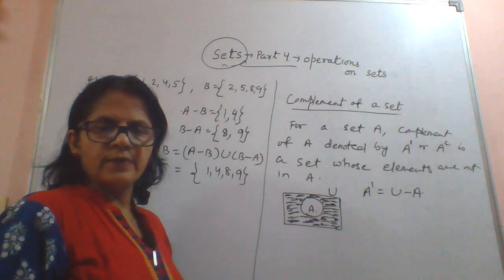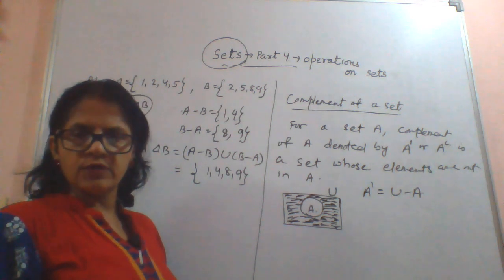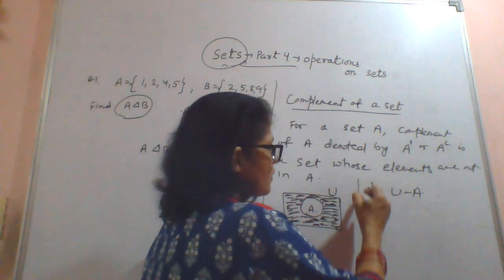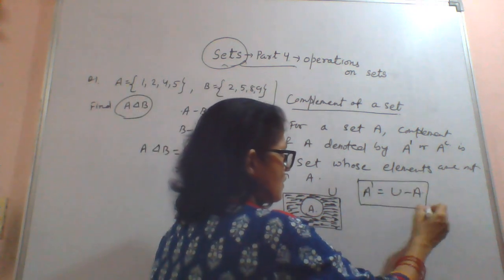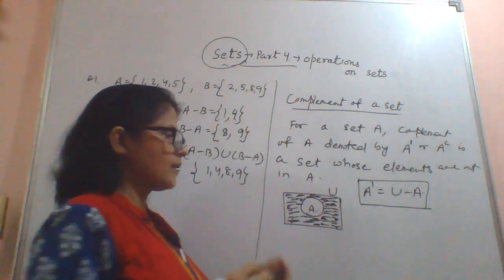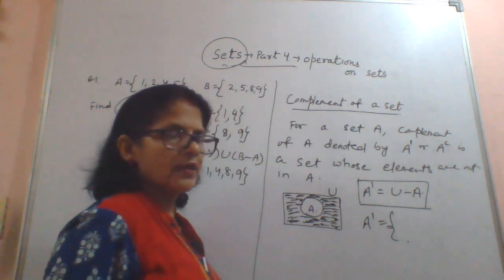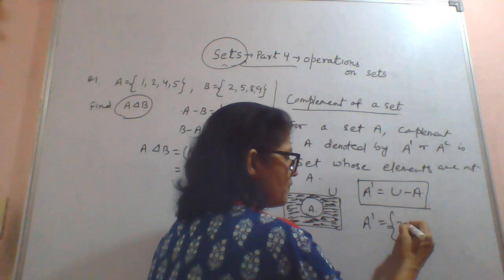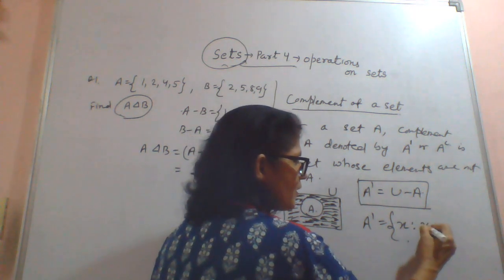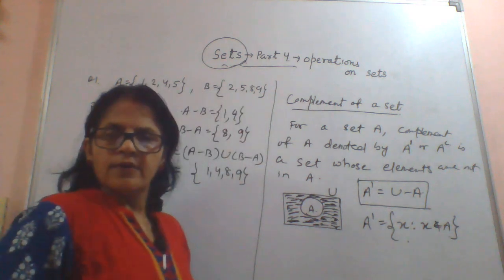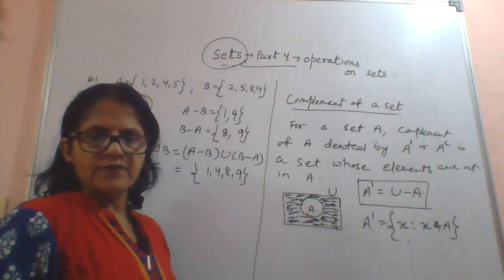Okay, it will be in the universal set because universal set contains every set. So A complement is basically this, and in Venn diagram you can write like this. So we write in set language A complement is X such that X doesn't belong to A. Okay, so this is complement of a set.